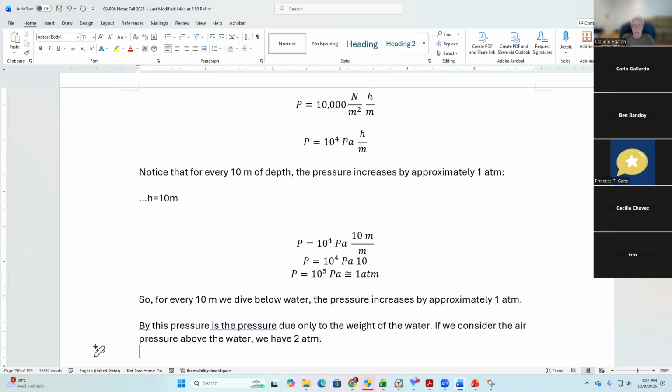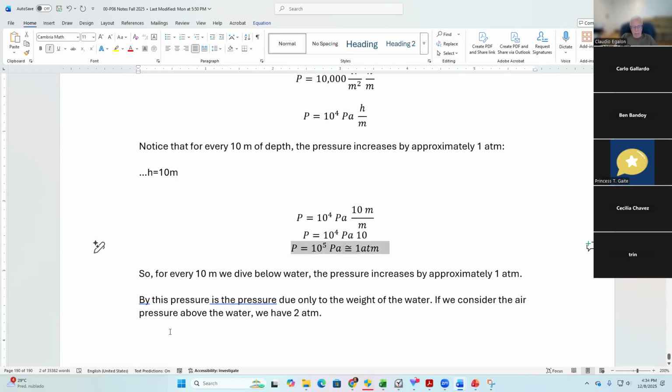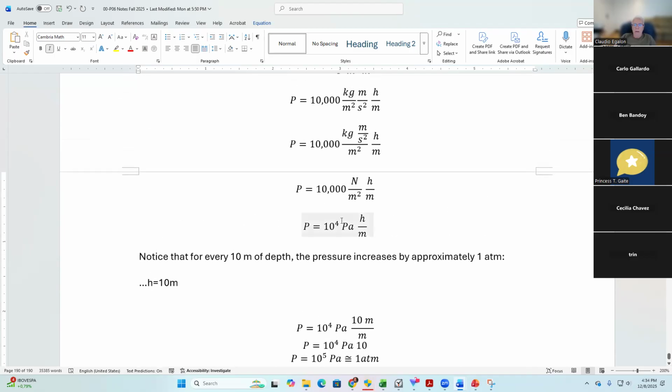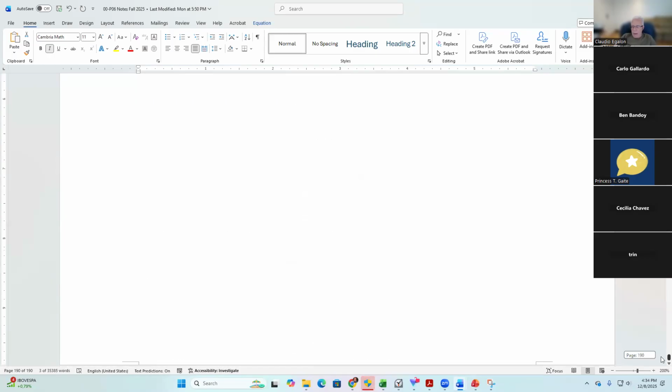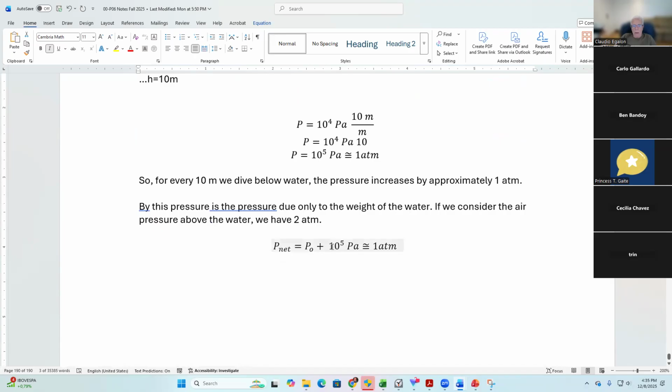The actual net pressure should be 1 atmosphere that I'm gonna call P0, plus that equation that you got right in here, rho g h. Simple enough?